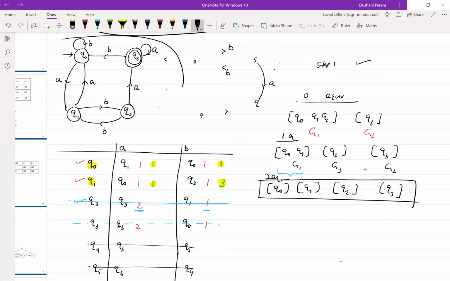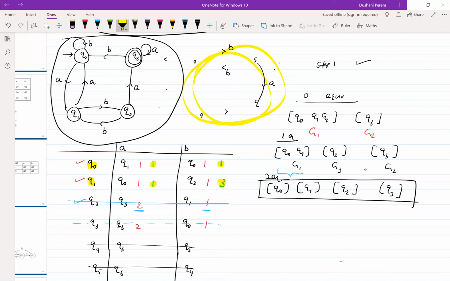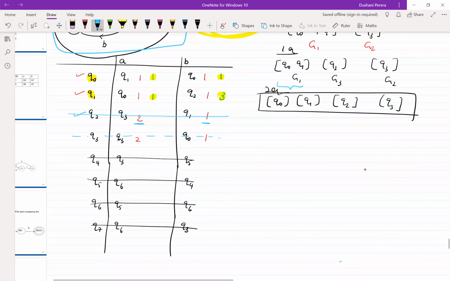These 4 states cannot be kept together, which means this is the final diagram of this DFA. We cannot minimize this further. Once we get rid of the states which were over here, which were not reachable, this is the final minimized diagram. These 4 states cannot be combined.